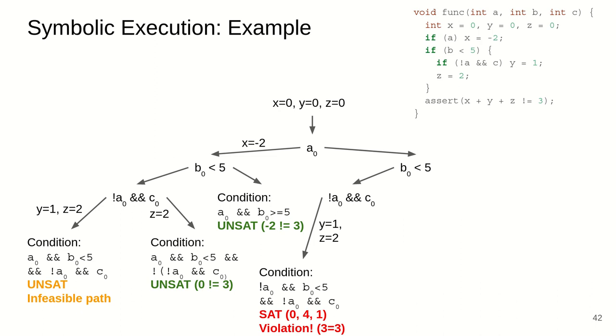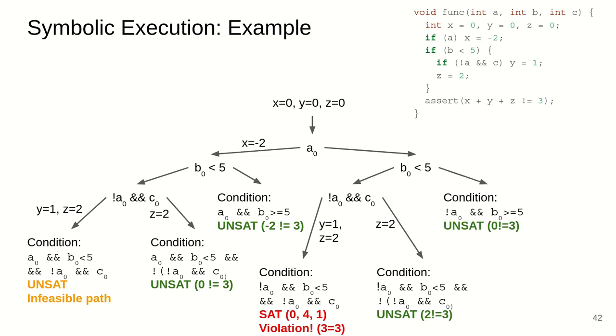A needs to be 0, B needs to be 4, C needs to be 1, and then we've got a violation. 0 plus 1 plus 2 equals 3, therefore the assertion triggers and the execution terminates. So we've got a concrete example that will trigger a violation, and symbolic execution has found a bug.